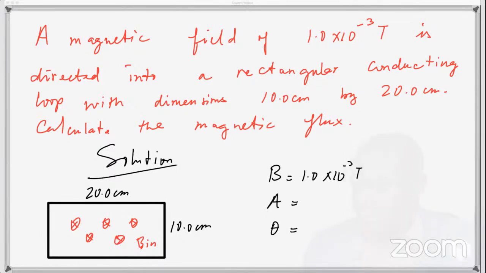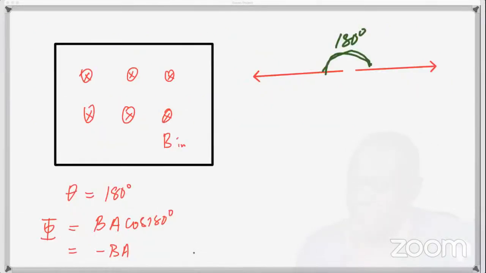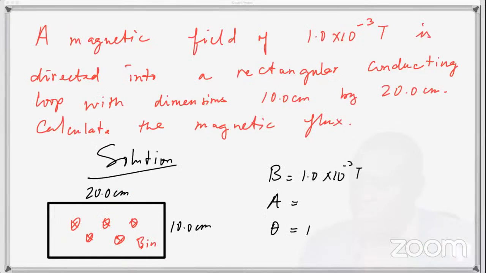When the field is in, what is the angle? 180. 180, because the normal vector is always out of the area. The angle between the in and out directions is 180 because those two directions are opposite each other. So this is 180 degrees. What is the area? How do we get the area?